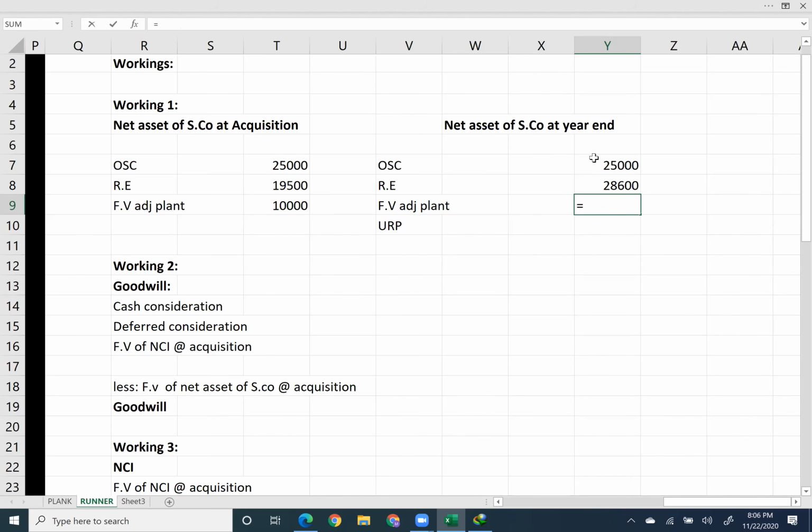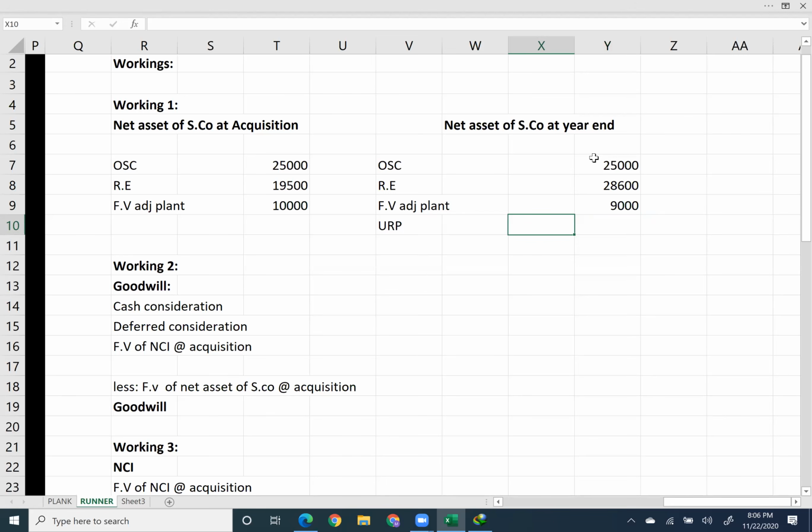Or you can write 10,000 times 9 divided by 10, and automatically 1 year depreciation will be deducted. Okay, done. So these are the packets.